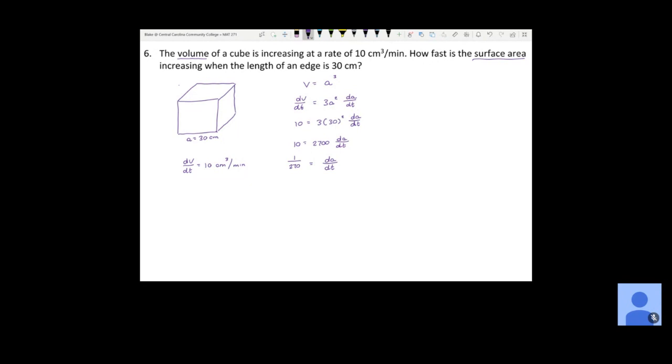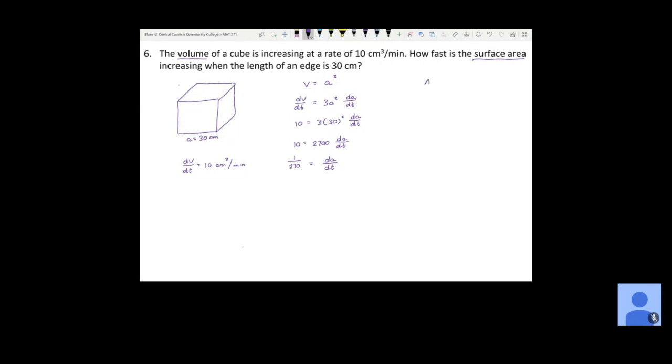We want to know how fast is the surface area increasing when the edge length is 30 centimeters. So what are we going to need to do now? Okay, good.